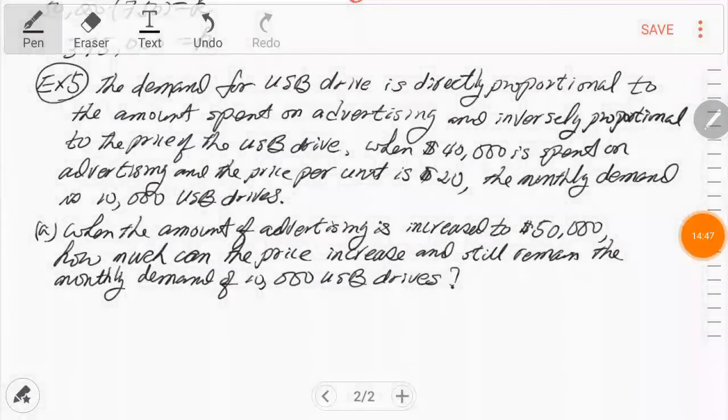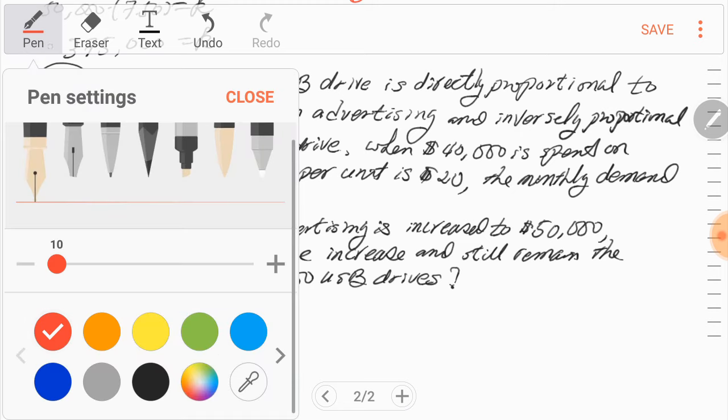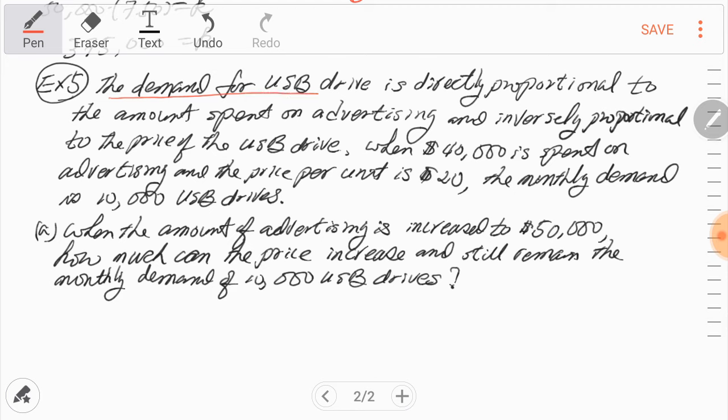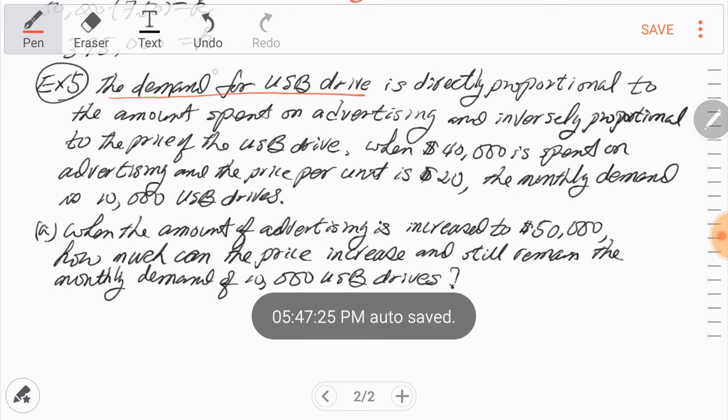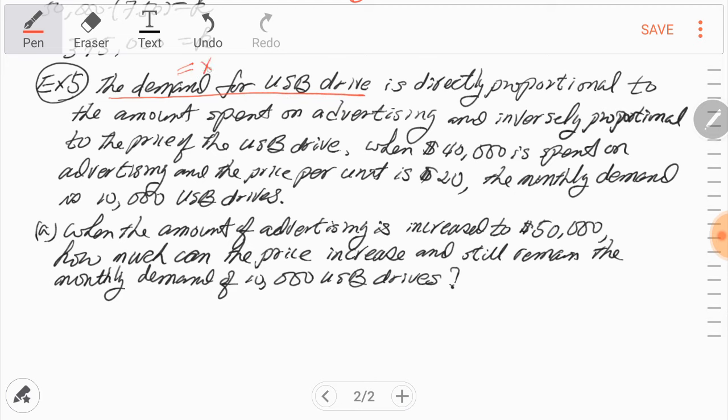Okay, this example is the combination of direct variation and inverse variation. So let's read the question. The demand for a USB drive is directly proportional. Let's say the demand for USB drives, so this is the number of USB drives, so let's make it X. So X is directly proportional to the amount spent on advertising.